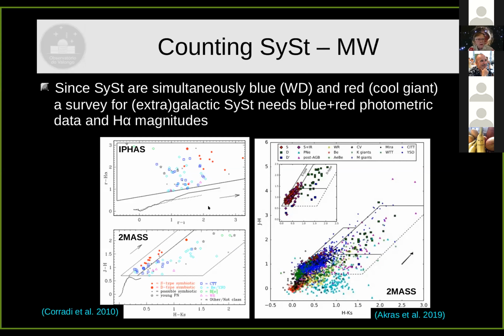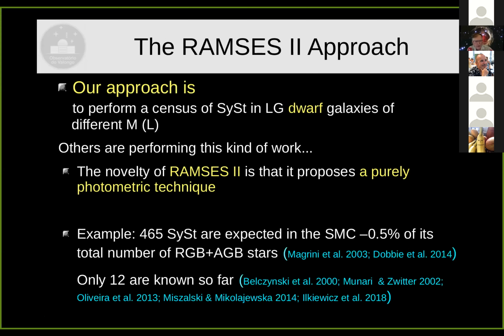Then we find the locus of these objects in, for instance, these two diagrams, the IRAS one and the 2MASS one. But we see here, and in this other 2MASS color diagram, that a number of other stars occupy the same place as these systems. So the spectroscopic follow-up is very important, and of course it's very costly.